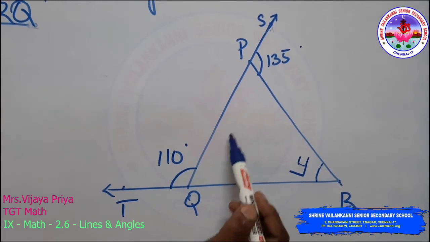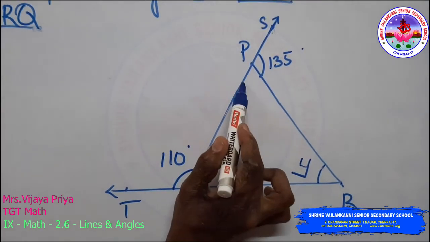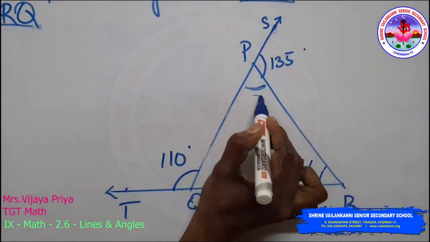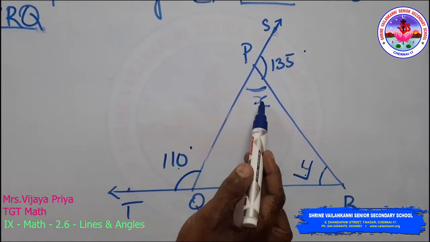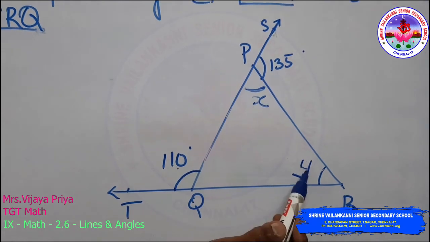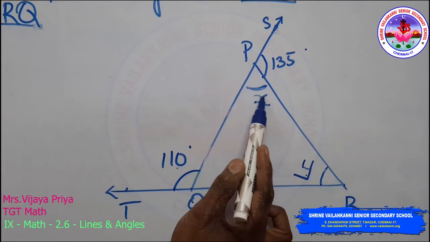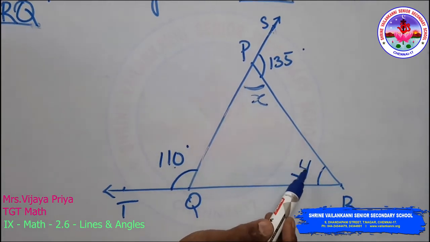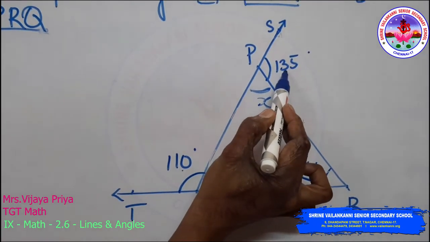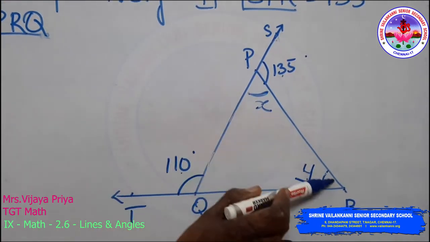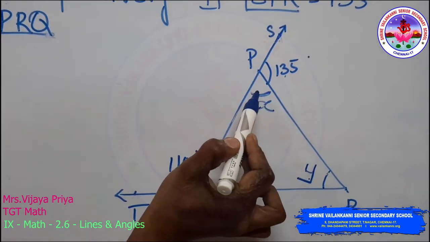In this triangle, I am naming the other angle as X and Y, so the sum of the two interior opposite angles will be X plus Y. I am going to find the value of X first, then find Y. I can relate my X with this 135 by linear pair, since my line PR stands on the straight line SQ.